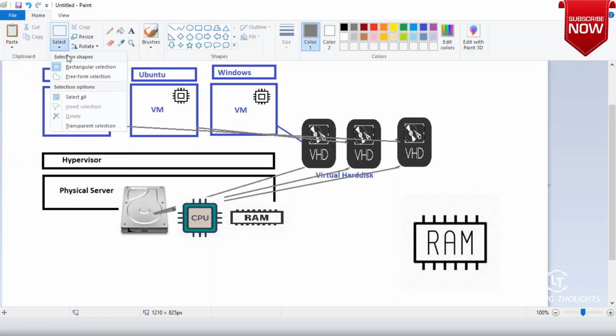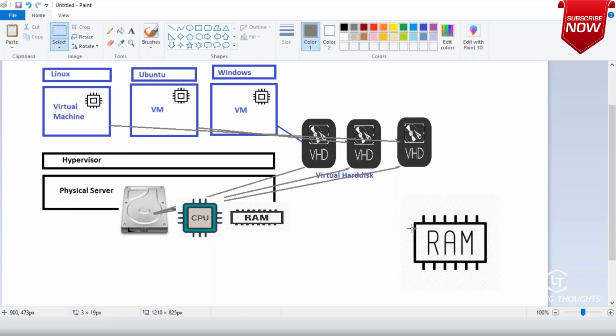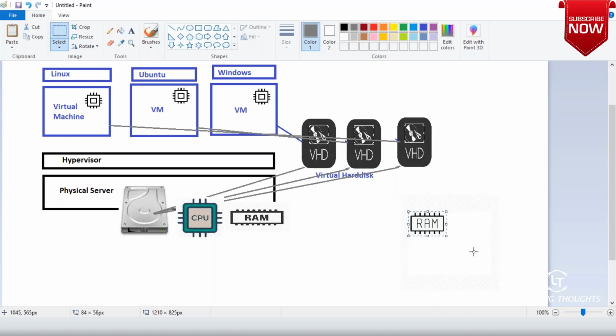But understand one thing, whatever your virtual machine gets is generally virtual in nature. Am I clear on this? So now your virtual machine is getting a virtual CPU, a virtual disk, and a virtual RAM.